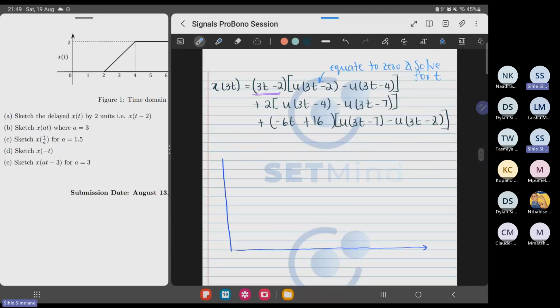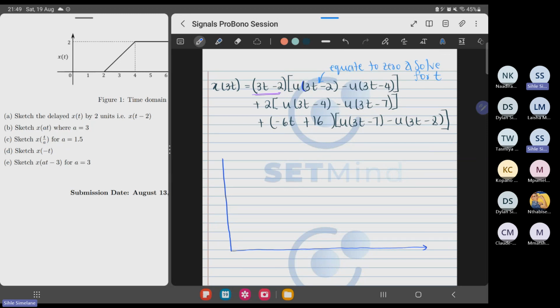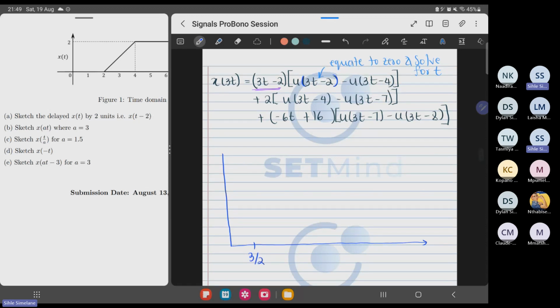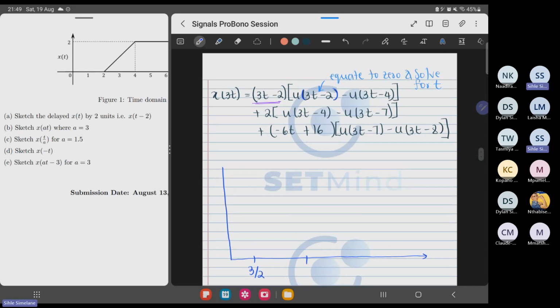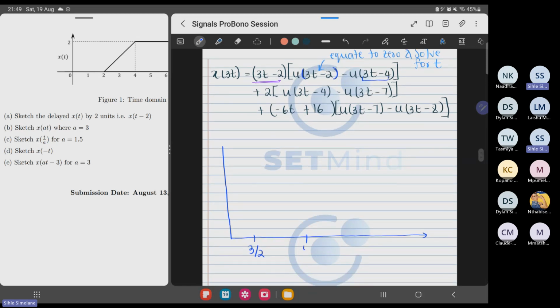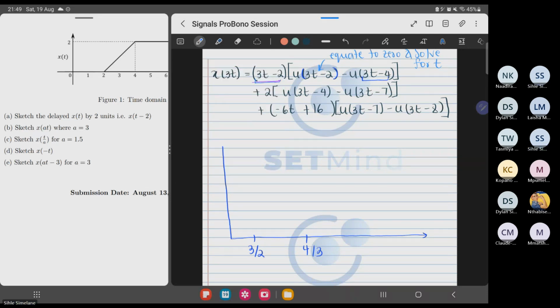If you deal with that part and equate it to 0, whatever is inside the u of t, for that part you will get 3 over 2. So that's the lower boundary. Then the upper boundary, when you solve for t here and equate this to 0, you'll find it as 4 over 3. So this function is bounded between these values.